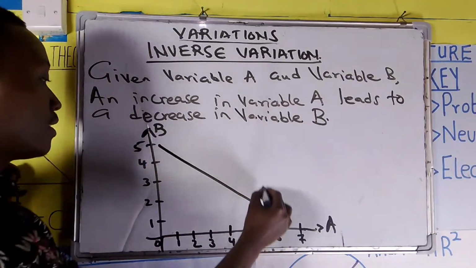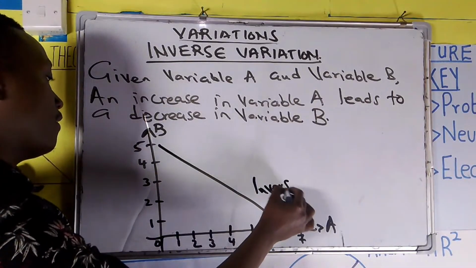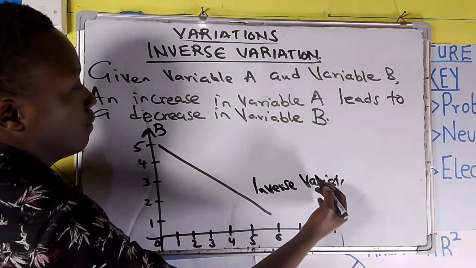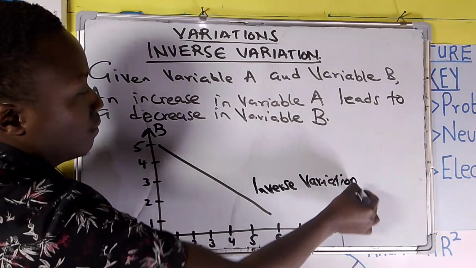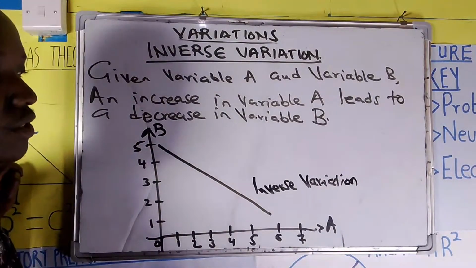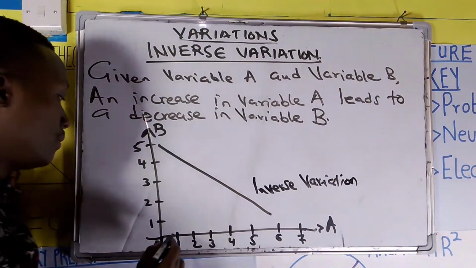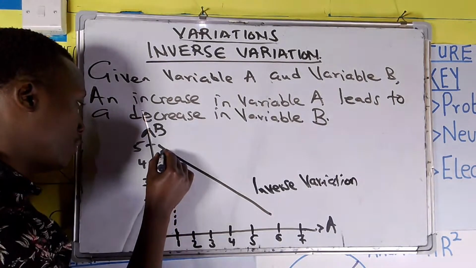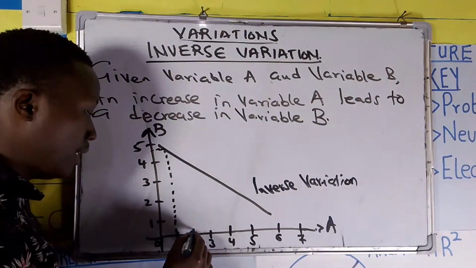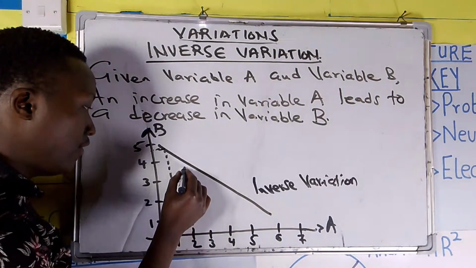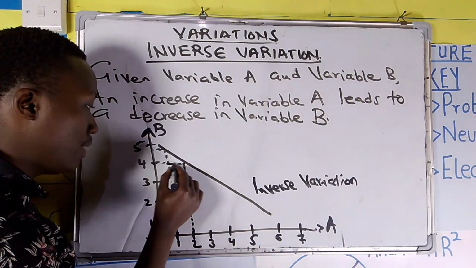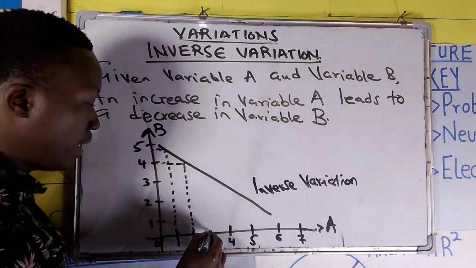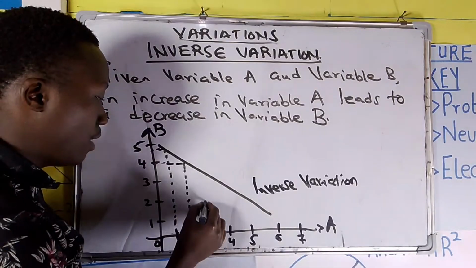This is inverse variation. Why? Because as variable A increases, as we move this way, variable A increases, but as we go up, variable B decreases.